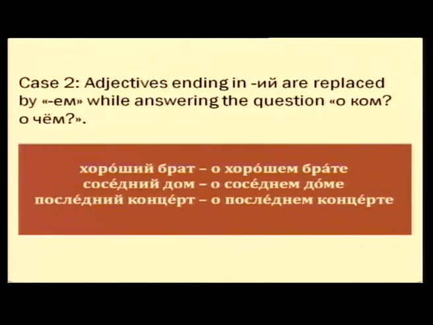Соседний дом will be used with о чём. It will be changing into о соседнем доме. Последний концерт will again be used with о чём and it will be changed into о последнем концерте. Here again, as a rule, now we know that all such adjectives which end with -ий will be changed into -ем.